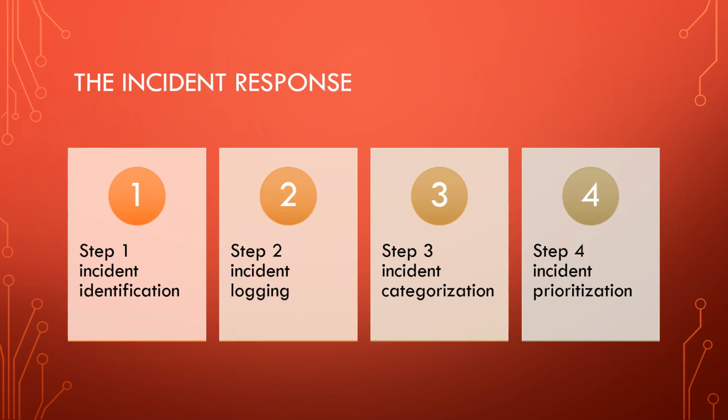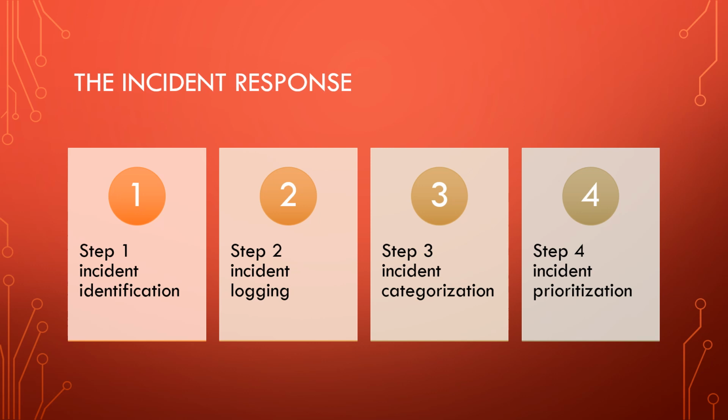The incident response. Step 1. Incident identification. Define what is an event. This could include things like slow internet and lag, or it may not. Step 2. Incident logging. Properly log and track all incidents, including what system, what user, when, where, and how. Step 3.